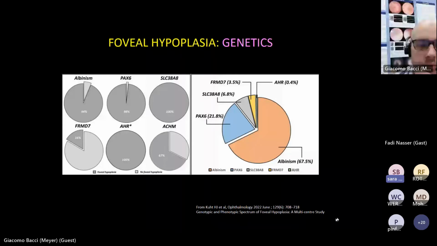And this association is very strong also for patients with PAX6 mutation and SLC38A8 mutation, whereas foveal hypoplasia is present but less represented in patients with achromatopsia and FRMD7 nystagmus.